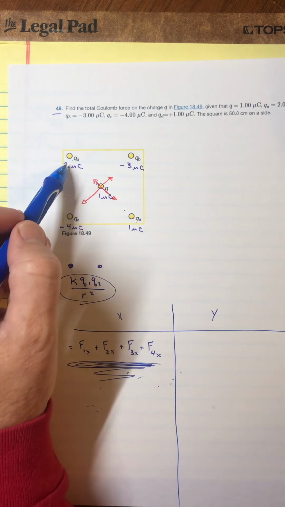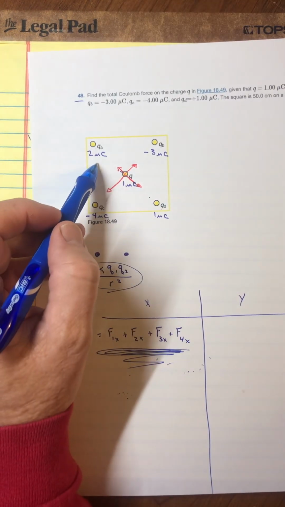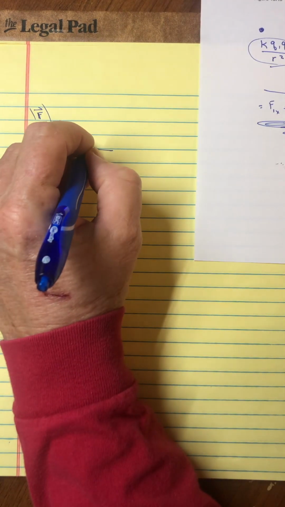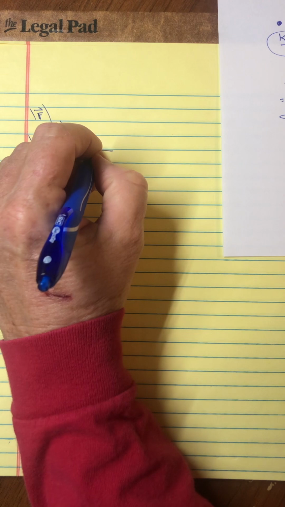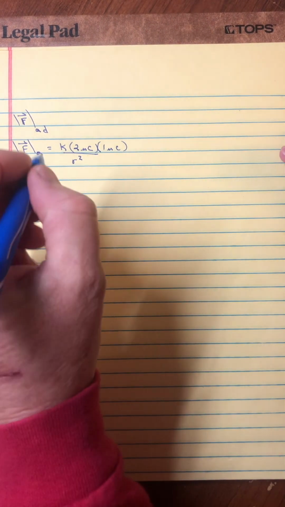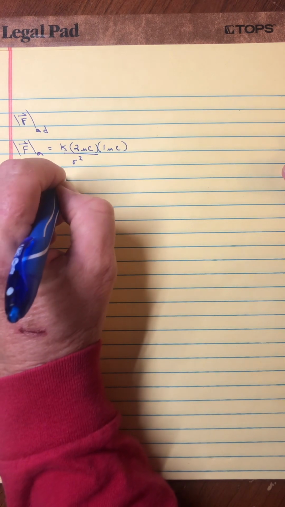And for A, the two charges are 2 microcoulombs and 1 microcoulomb. And maybe just to save some calculator work, the K I'm going to leave alone.